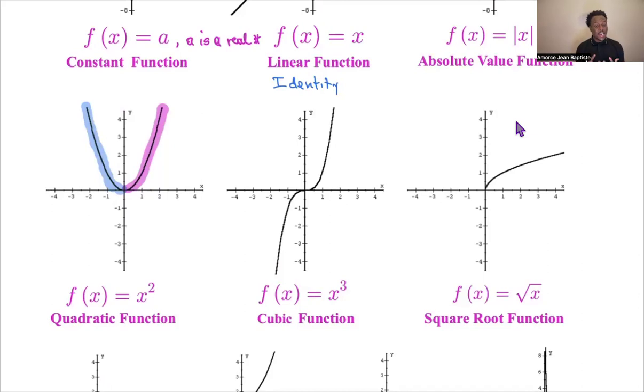A reflection in the y-axis would mean you flip the blue and the pink. But if it wasn't blue and pink, you wouldn't see the difference, right? And that's why even if you put the negative sign inside before you take the square, you would get the same thing.